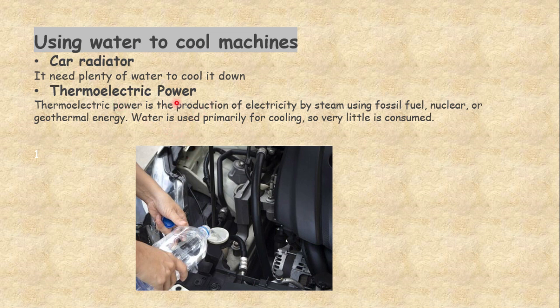What are thermoelectric power stations? Where we produce electricity. As the name shows, thermo means heat. So in these types of power stations, electricity is produced by using heat from the burning of fossil fuels, nuclear, or some other energy sources. What is the use of water here? Because we are discussing the uses of water here, water is primarily used for cooling purposes. So very little water is consumed here.